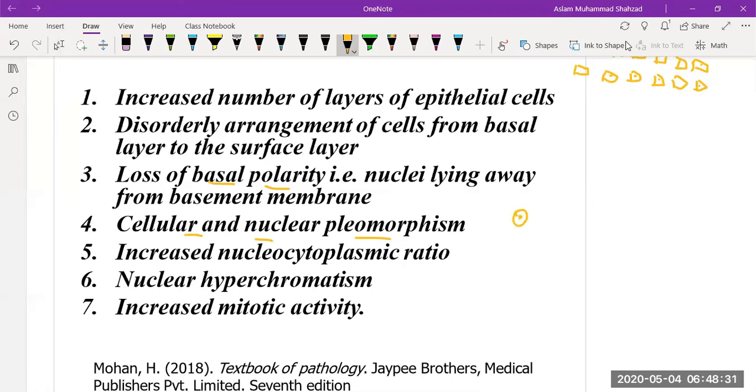If the structures are normally arranged in a sequence with a definite shape, in pleomorphism there will be some cells that are small in size, and then some cells that are normal. So some cells are small in shape and size, and some cells are normal in shape and structure. You can express this as pleomorphism.